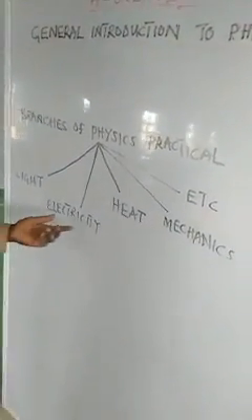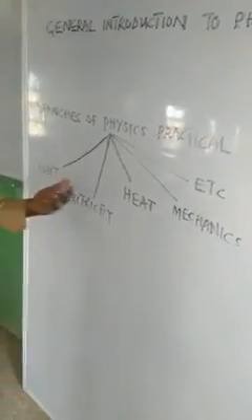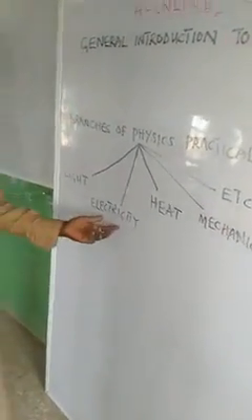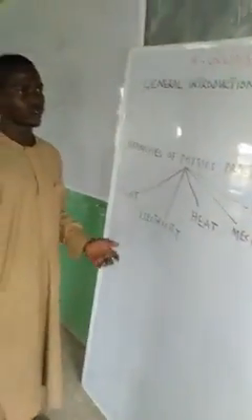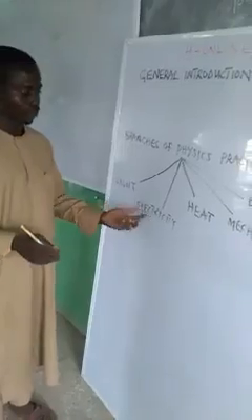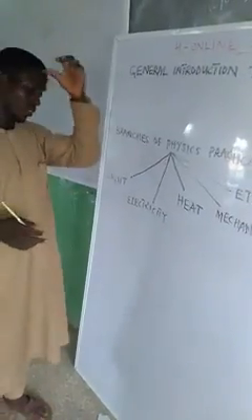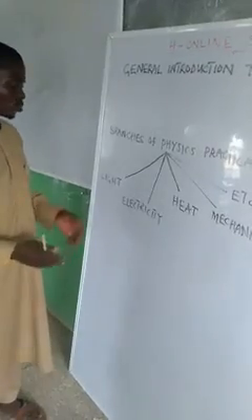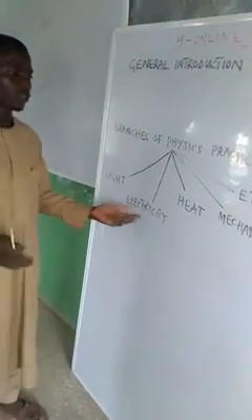The reason is because questions come out almost every year on electricity. It has to do with electrical devices. The apparatus that students are going to use for electricity are electrical devices, so they are going to connect them together and then take readings from them. So questions come out here almost every year.